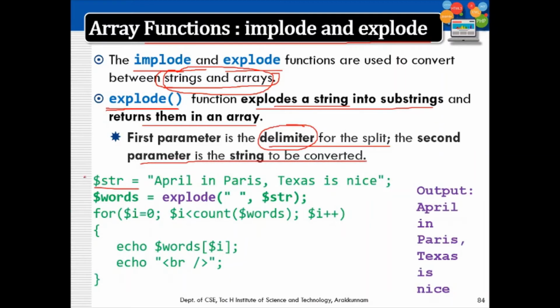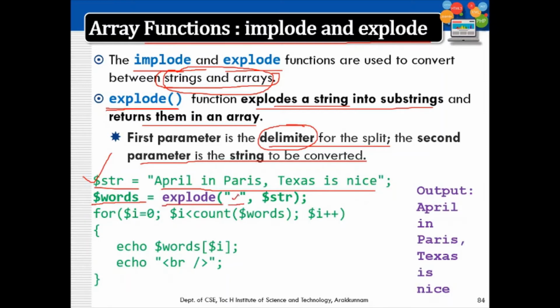Suppose, for example, I have a string $str: April in Paris, Texas is nice. This is the statement. If I want to split the statement into different words, I can use space as the delimiter. This is the name of the resultant array, $words. In the explode function, the first parameter is the delimiter.